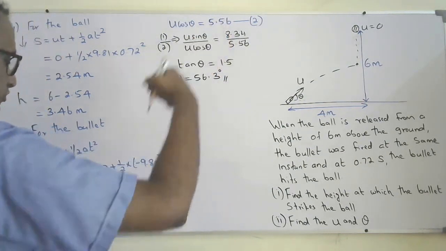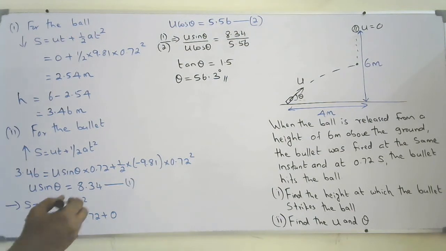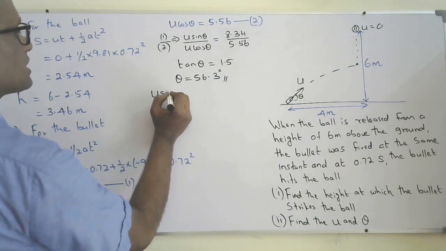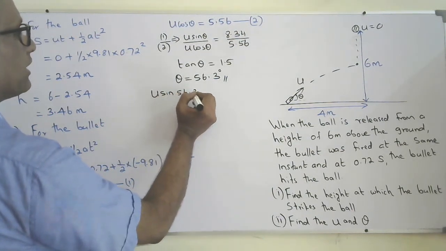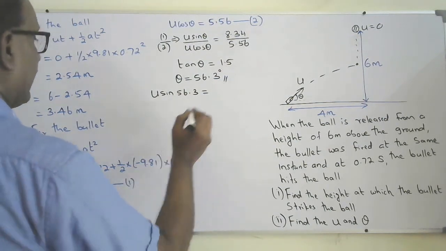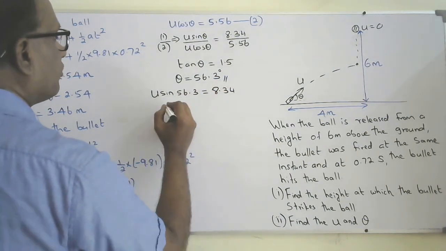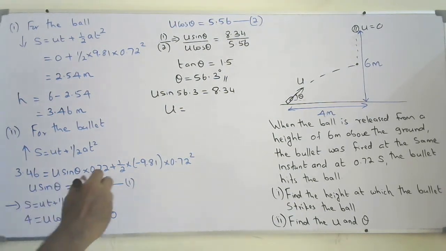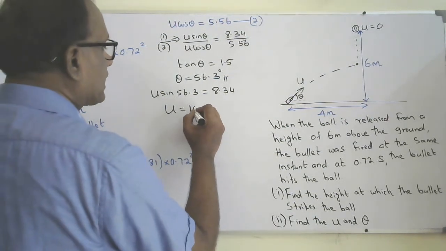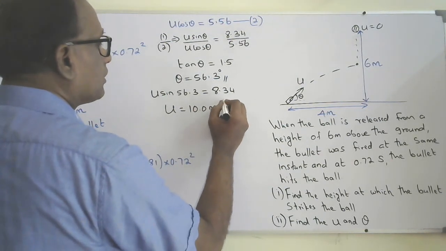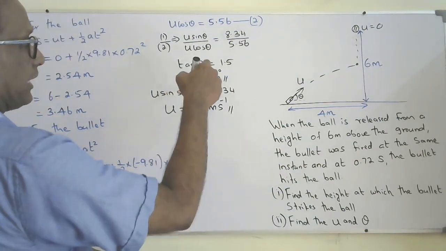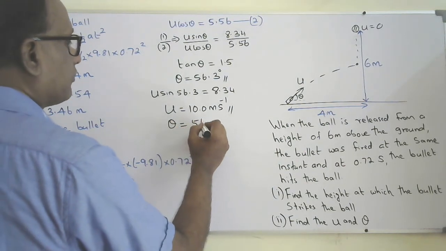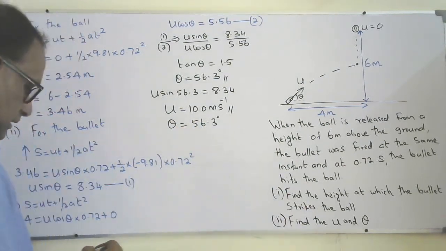Substitute this value in one of the equations, either 1 or 2. If I substitute in the first equation, u sine 56.3 equals 8.34. So u is 8.34 divided by sine 56.3. U will be equal to 10.0 meters per second. So I know u, I know theta, 56.3 degrees. So that's the second part.